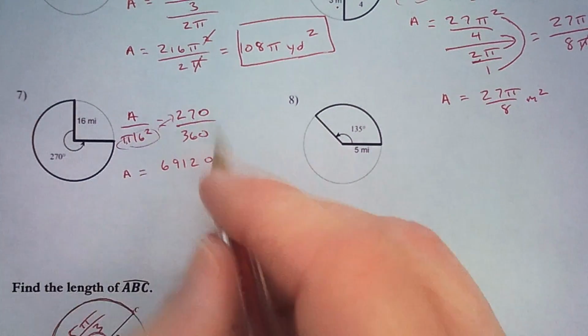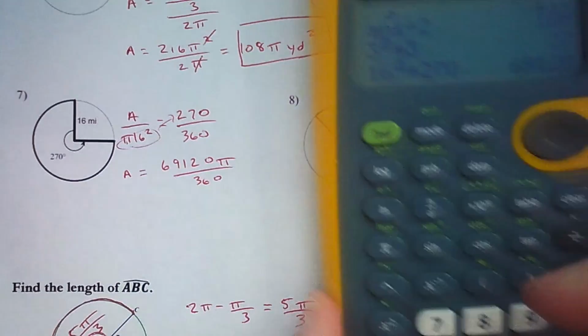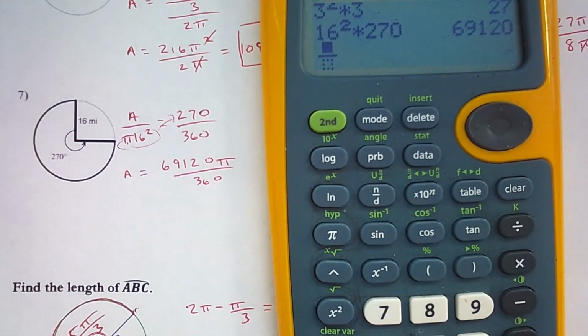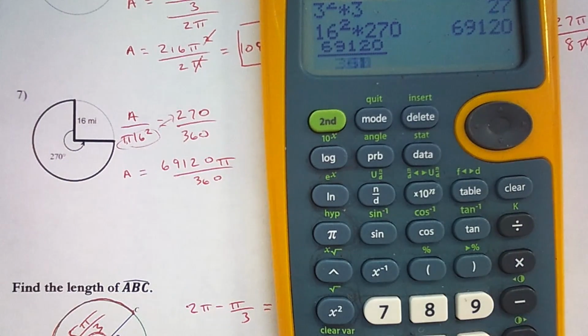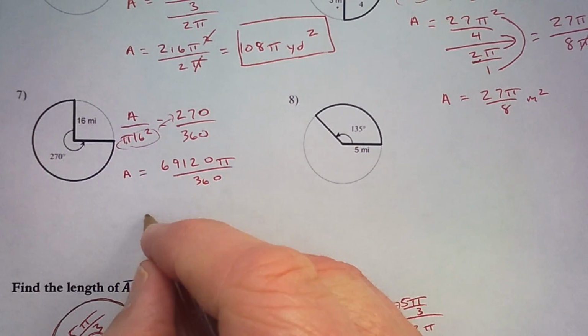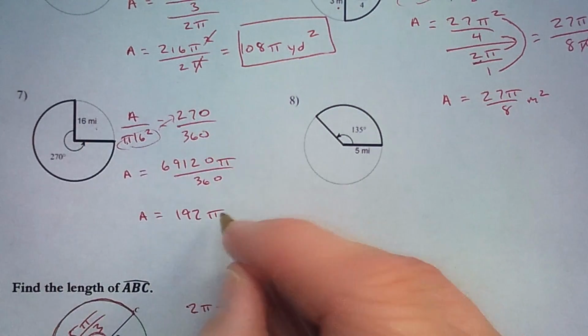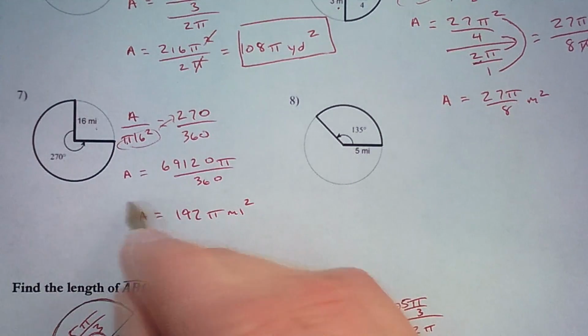And then I have a pi over 360. Okay, so I'll make a fraction out of that, 69,120 over 360, and that is 192. So this simplifies to 192 pi miles squared.